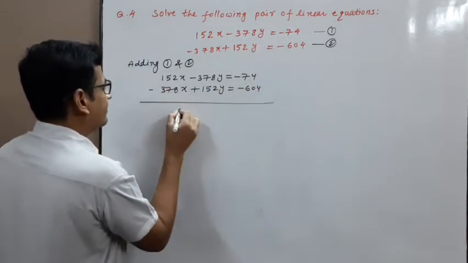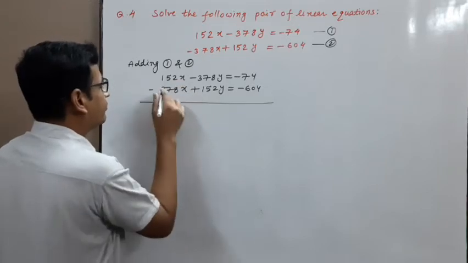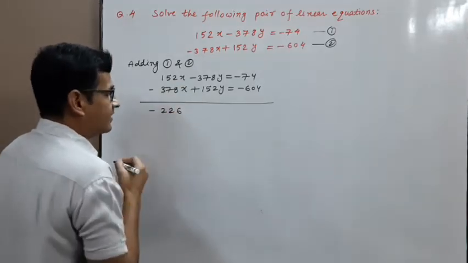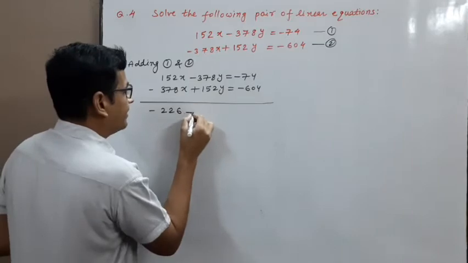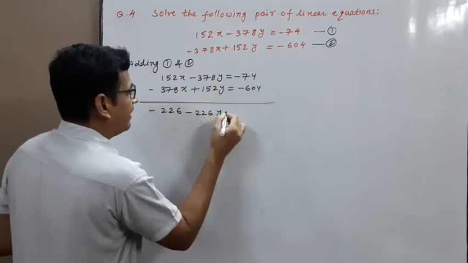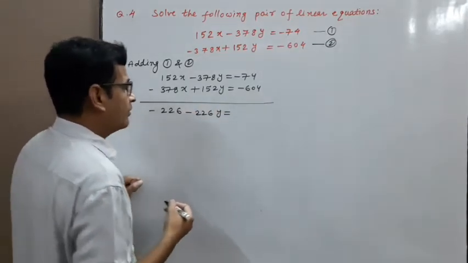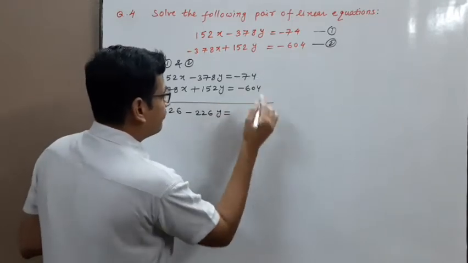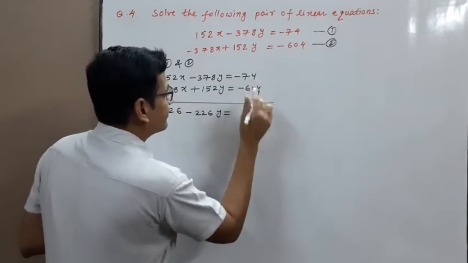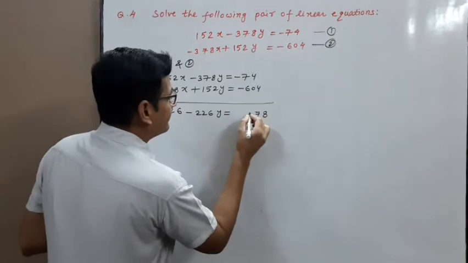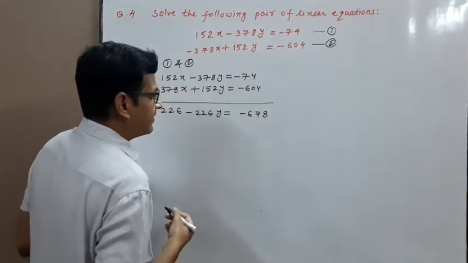Now 8 minus 2 is 6, 7 minus 5 is 2 and 2. So minus 226x minus 226y is equal to 4 8 7 and 6, so minus 678.